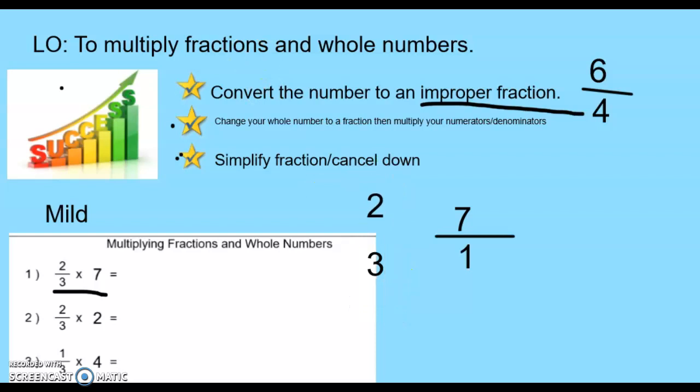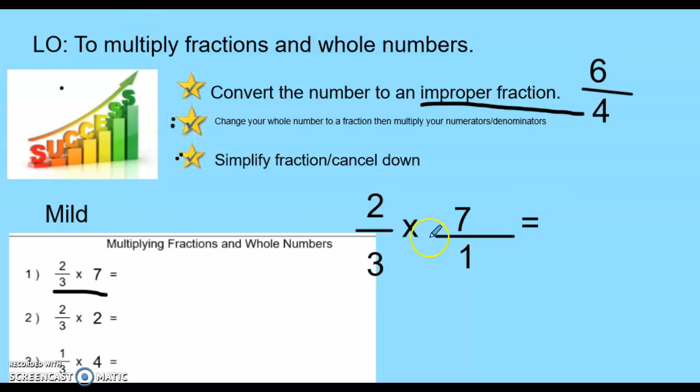So the first step to success, we have converted the whole number into an improper fraction, 7 ones. Now we've got 2/3 multiplied by 7 ones. Once we've done that, we can follow our next step to success.